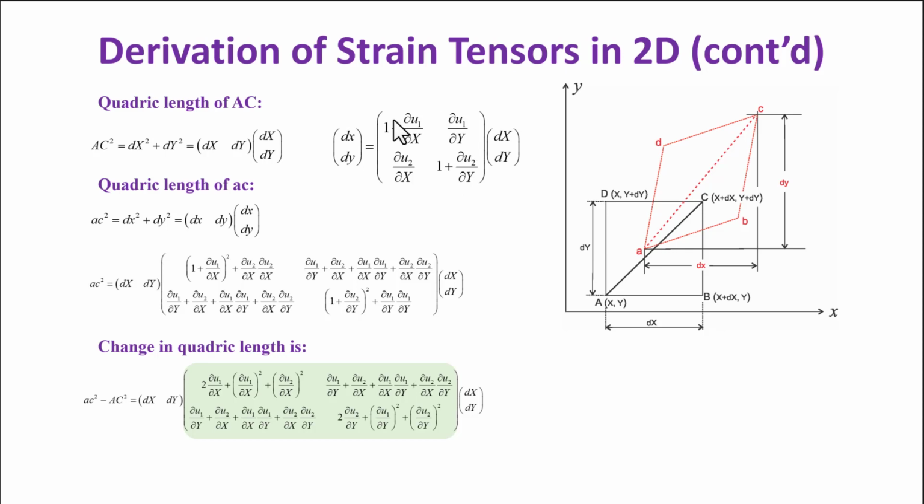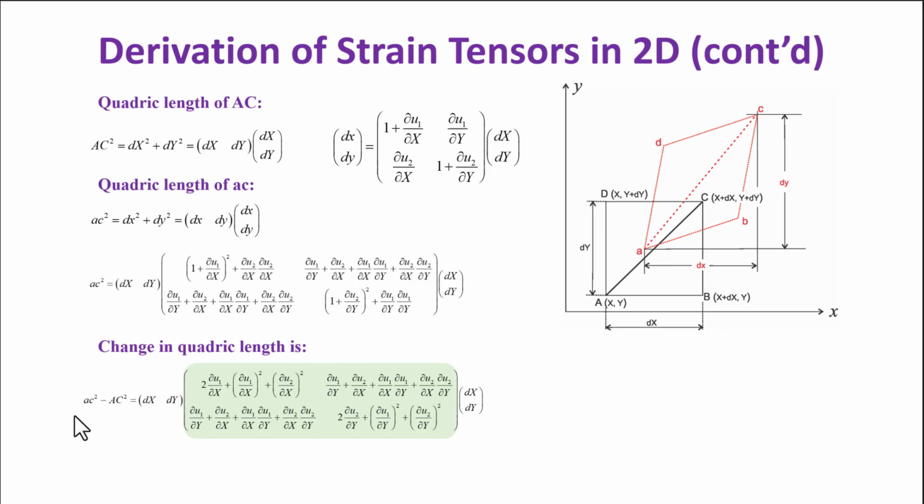This relationship is what we obtained in the last slide. The new length AC squared is this. We can plug this relationship into this and we get this relationship.